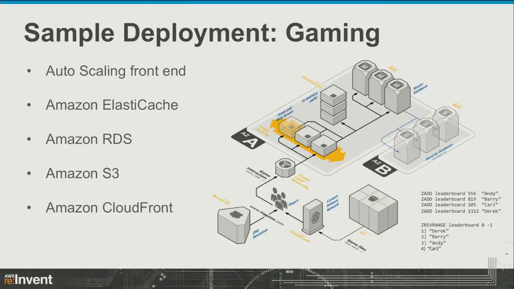So here is a simple gaming deployment, just to give you a sense for how ElastiCache interacts with other AWS services. You have the user requests coming in from the left. Typically, it hits Elastic Load Balancer, and goes into your front-end application servers that are in an auto-scaling group, so depending upon the load, they grow or shrink.